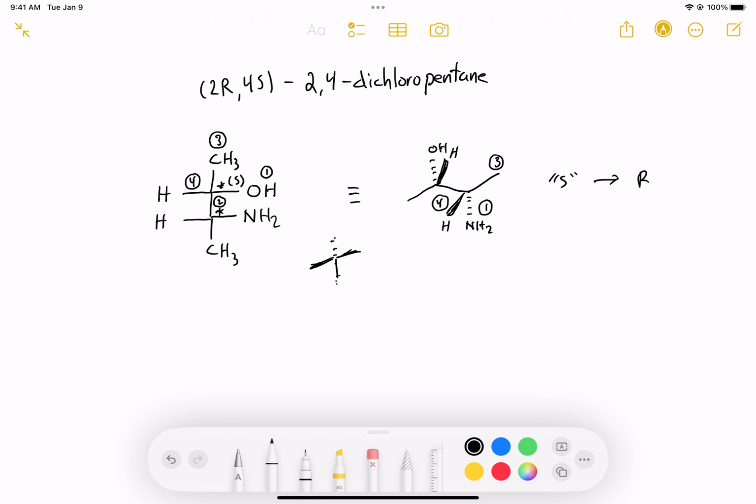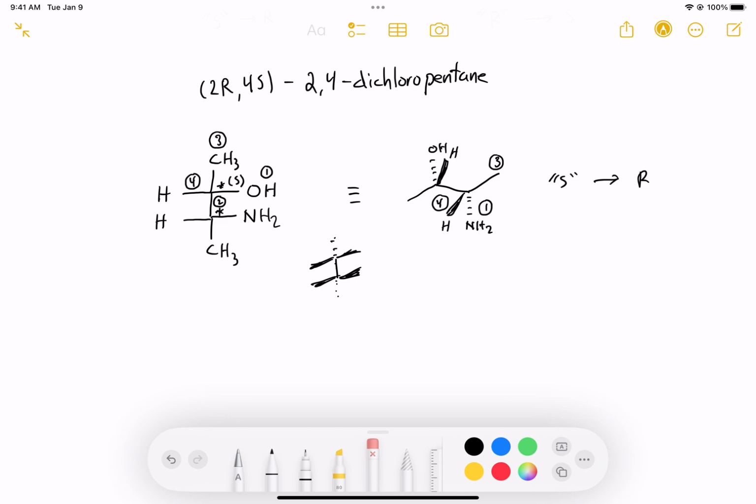Like this. And if we think about it, these are pointing kind of downwards. So it's hard to visualize here. So what I should have drawn is this. So see these methyl groups here? They represent these wedge bonds pointing downward. So I should have drawn it like that.